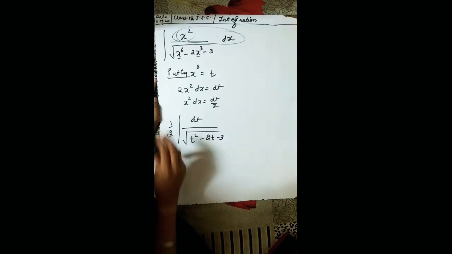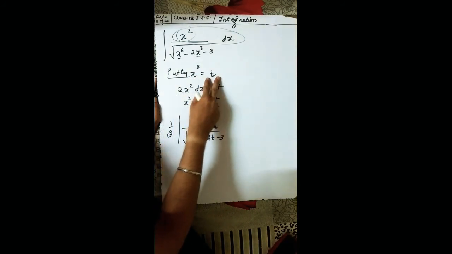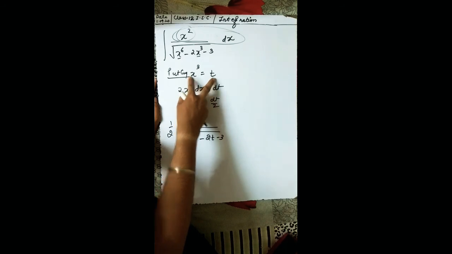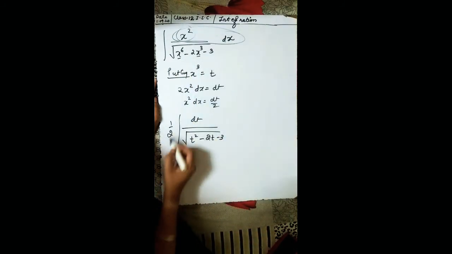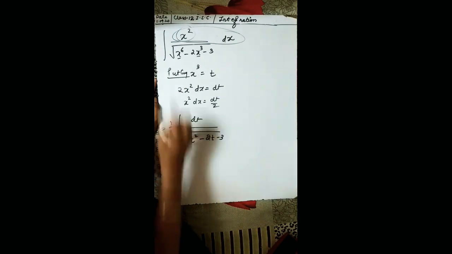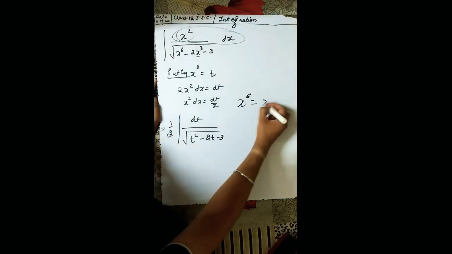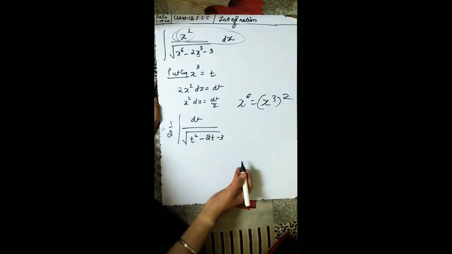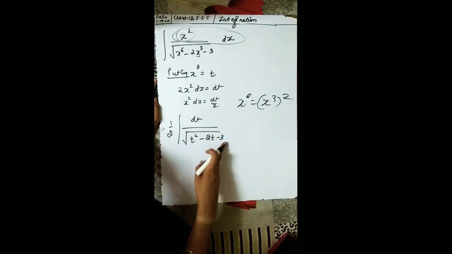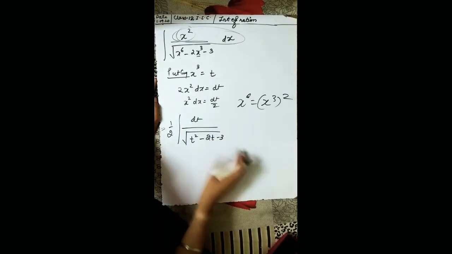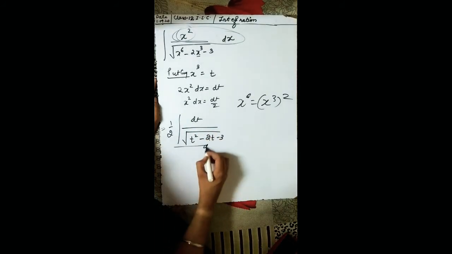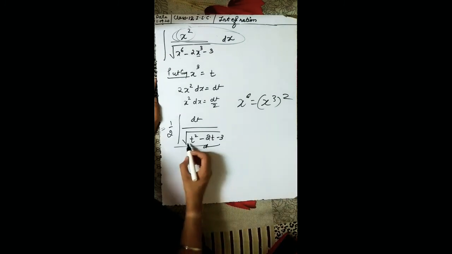So what we do, we put x cube is equal to t, and on differentiating both the sides, we get 3x square dx is equal to dt. So x square dx will be dt upon 3. Now replace this x square dx by dt upon 3. So that 1 upon 3 I have taken out, and x to the power 6 can be written as x cube the whole square. So that is what: t square minus 2t minus 3. Now I guess this expression has been totally transformed in t, and this is very easy to solve using the completing the square method.